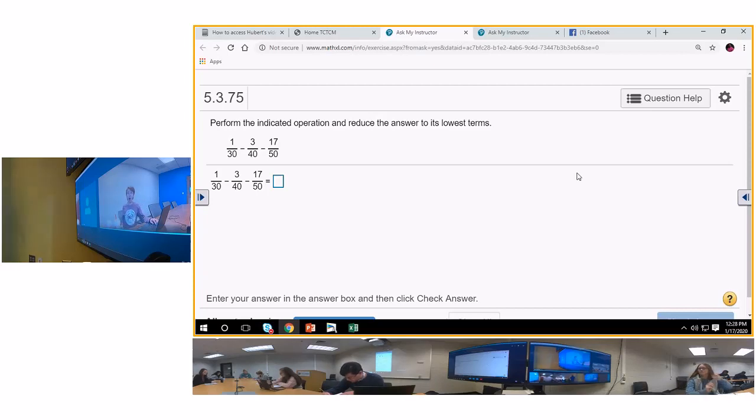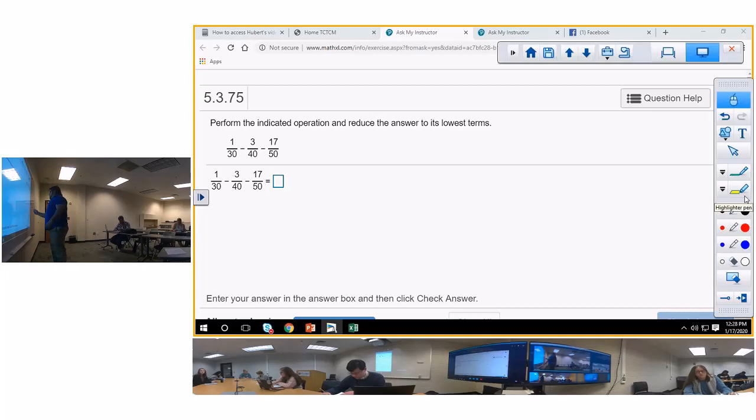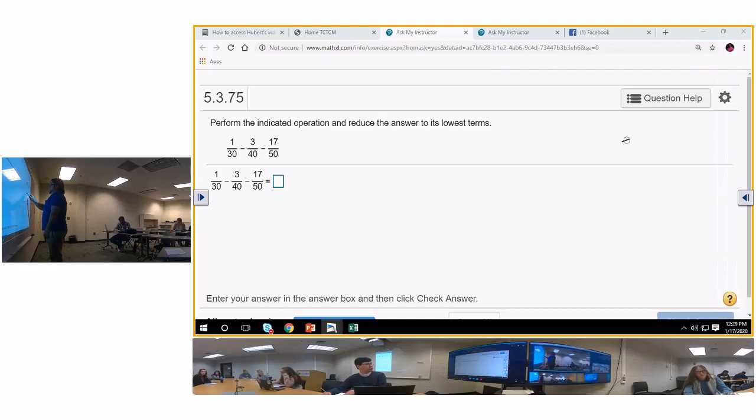So, take our handy dandy least common multiple: 30, 40, 50, and 2, 3, 5, 7, 11, and sometimes 13. Well, I'm going to divide by 2. That'll give me a 15, a 20, and a 25.